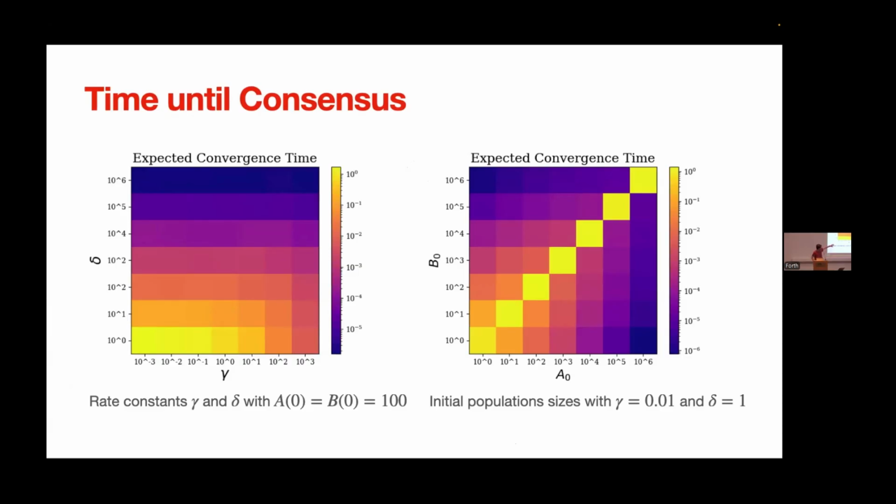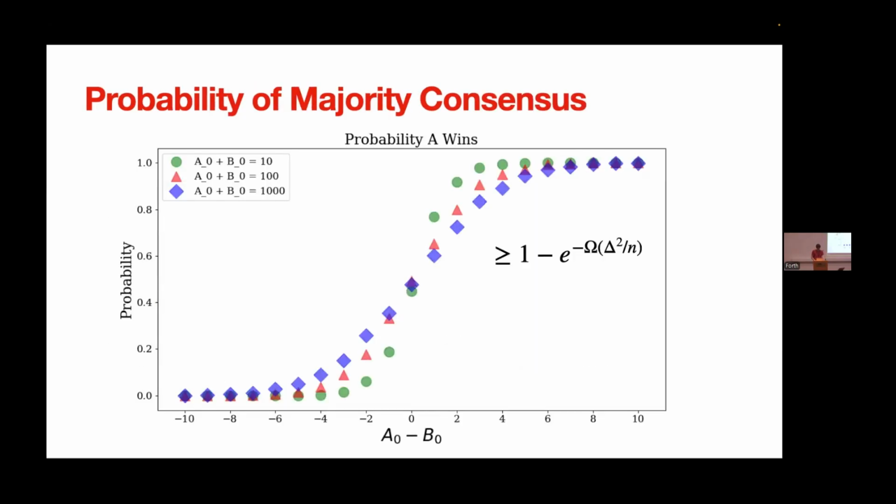So this heat map, maybe let's only look at the right one. If it gets more and more yellow, brighter, then it takes a longer time, and if it gets darker, then it's less time. So more or less what you see is that if A and B are close together, that's when it's difficult, of course, and that's where you need a long time to stabilize, so to speak. If it's clear who's in the majority, then you figure it out pretty quickly. And this is the metric that I was presenting in the theorem.